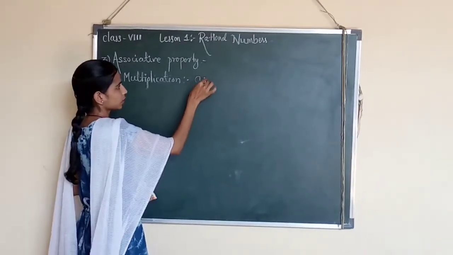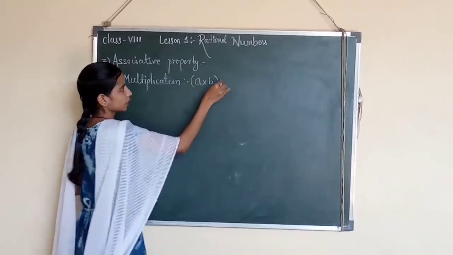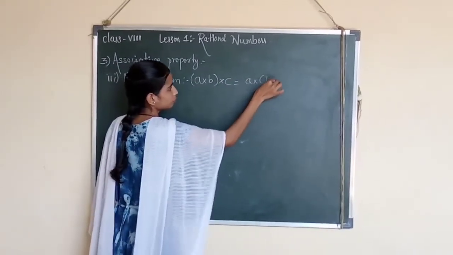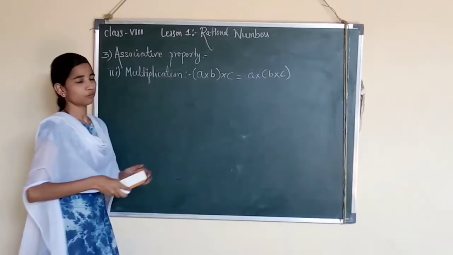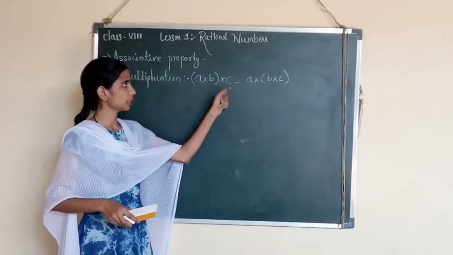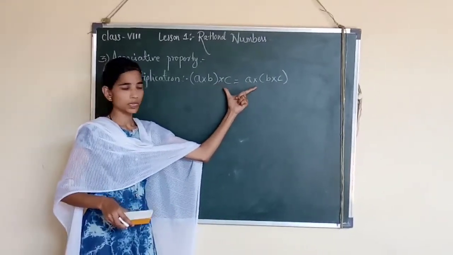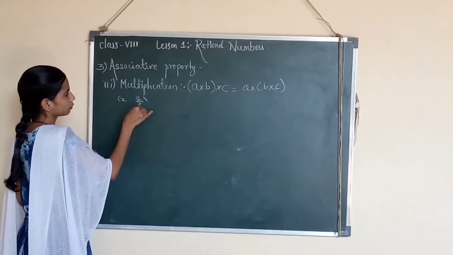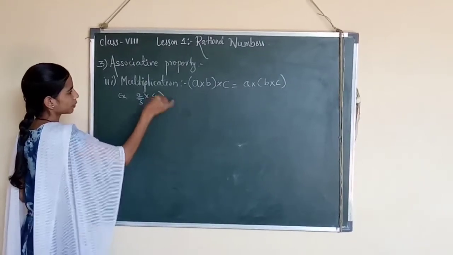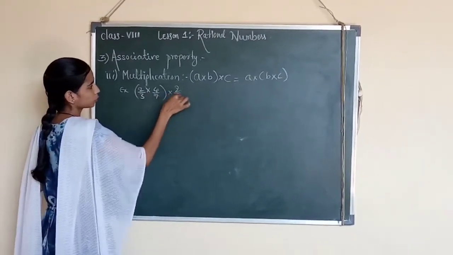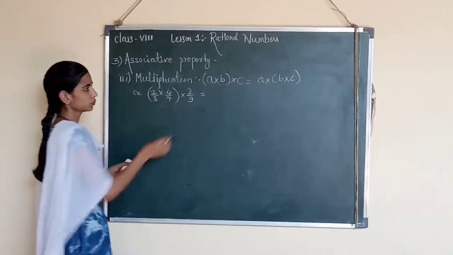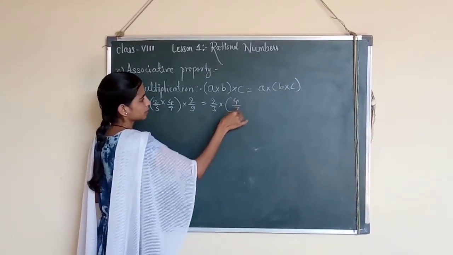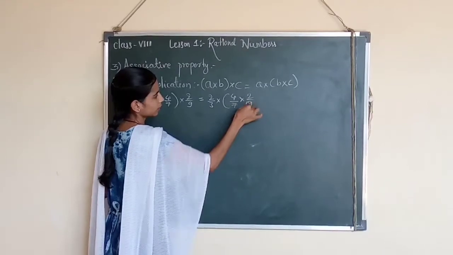Rational numbers a into b into c is equal to a into b into c. If we rearrange the rational numbers, then the results will be the same. So I'll take one example: 2/3 × 4/7 × 2/9 is equal to 2/3 × 4/7 × 2/9.